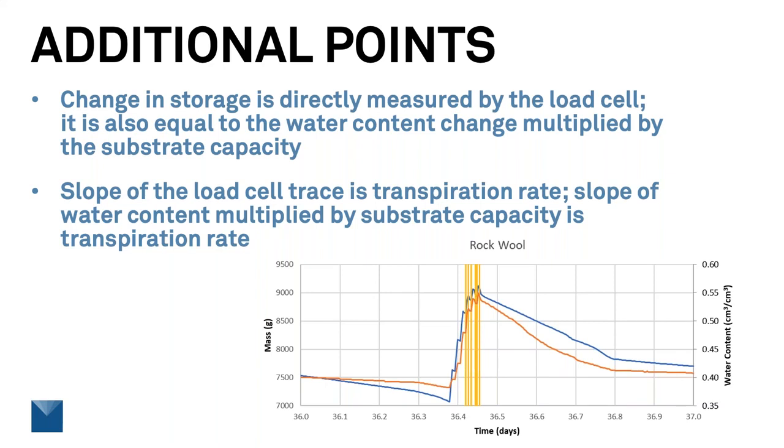Now, since we know the irrigation amounts and the corresponding changes in water content, we can estimate that substrate capacity. We talked already about the slope of the load cell line being equal to the transpiration rate during times when we're not irrigating. But again, if we know the substrate capacity and we know the slope of the water content line, we can also estimate the transpiration rate from that.